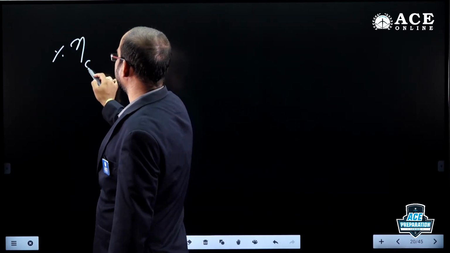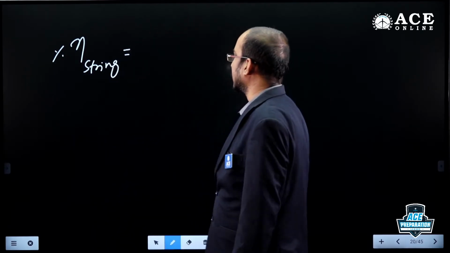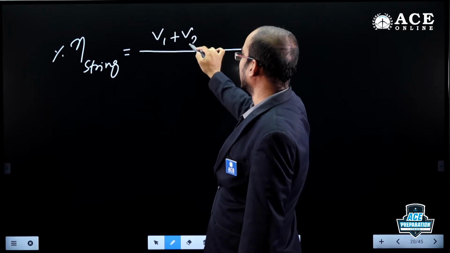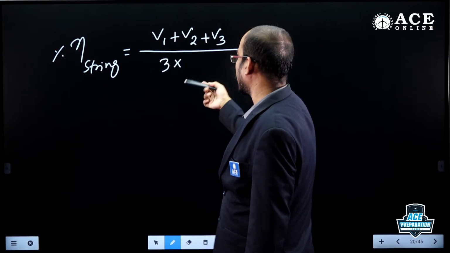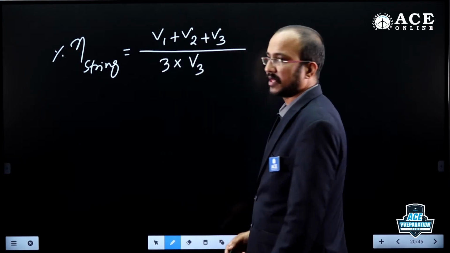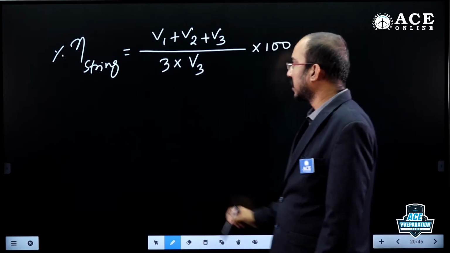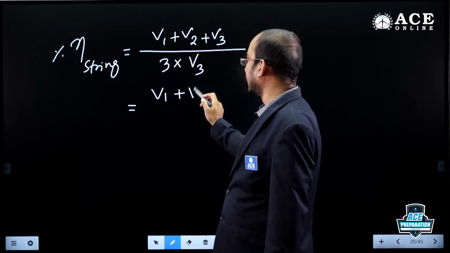Percentage string efficiency is equal to, what is the relation that you get? Voltage across the string, that is V1 plus V2 plus V3, by 3 times the bottommost insulator disc voltage V3, into 100. Here keep V1 as it is, V2 as it is.